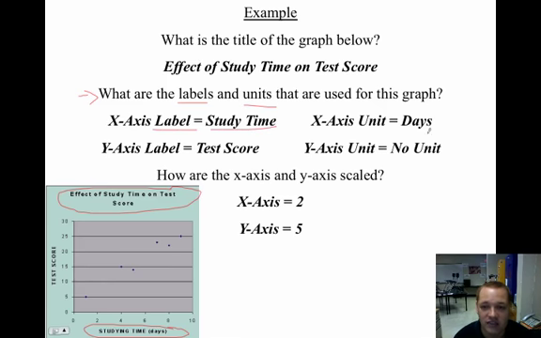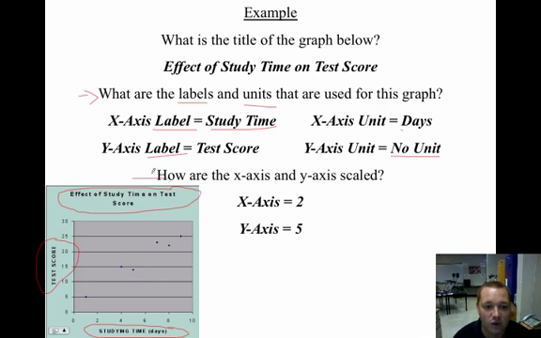The unit is in days. And you'll notice that there is no score unit. There's no unit for that test score located over here. It only just has the label.